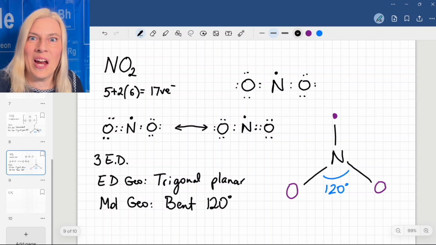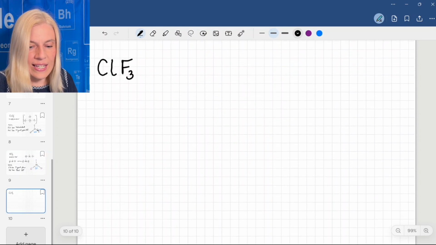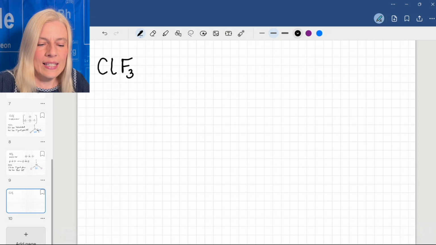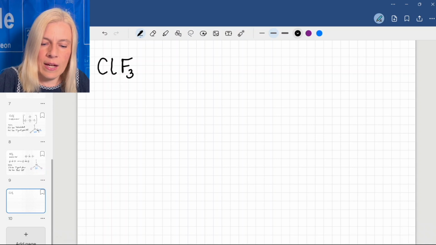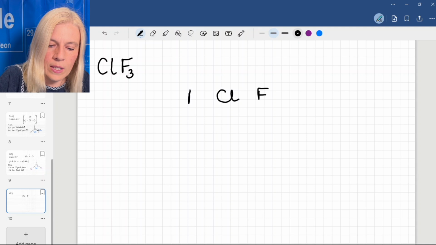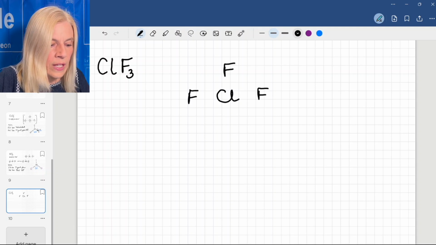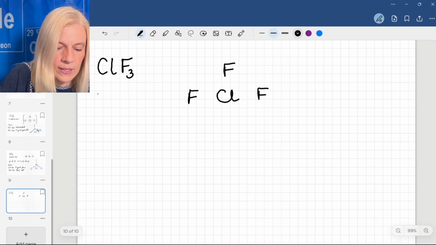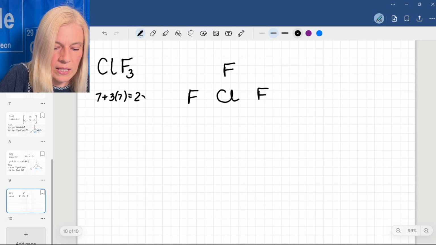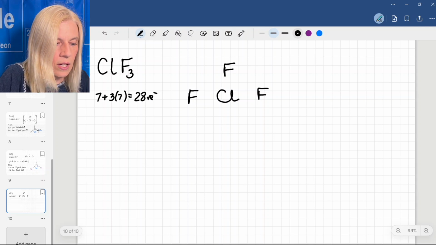All right, we're almost there, almost at the end. Are you ready for the last one? Last one, ClF3. All right, the more electronegative element is fluorine. We will stick fluorine on the outside and chlorine in the middle. So let's do this. Count our valence electrons. Well, we have 7 plus 3 times 7, 28 valence electrons to deal with, right?